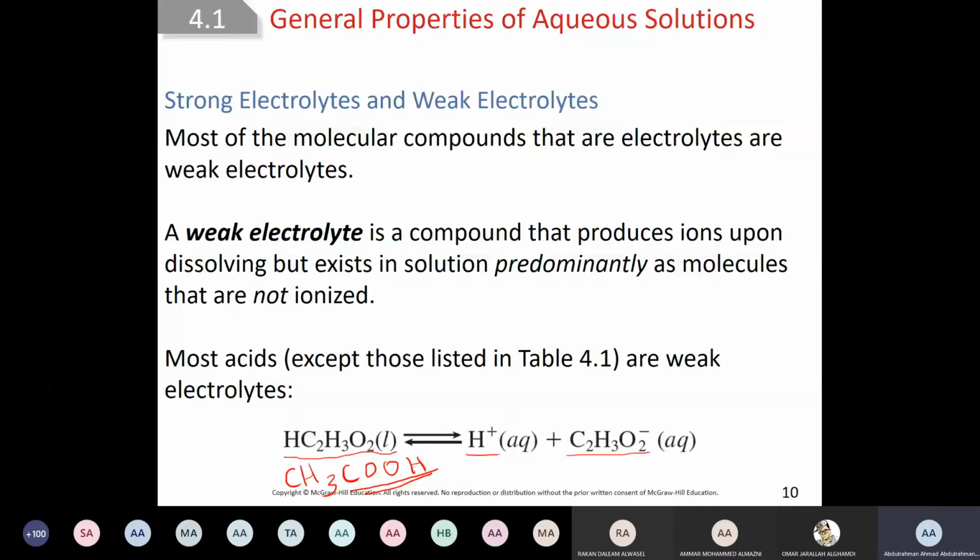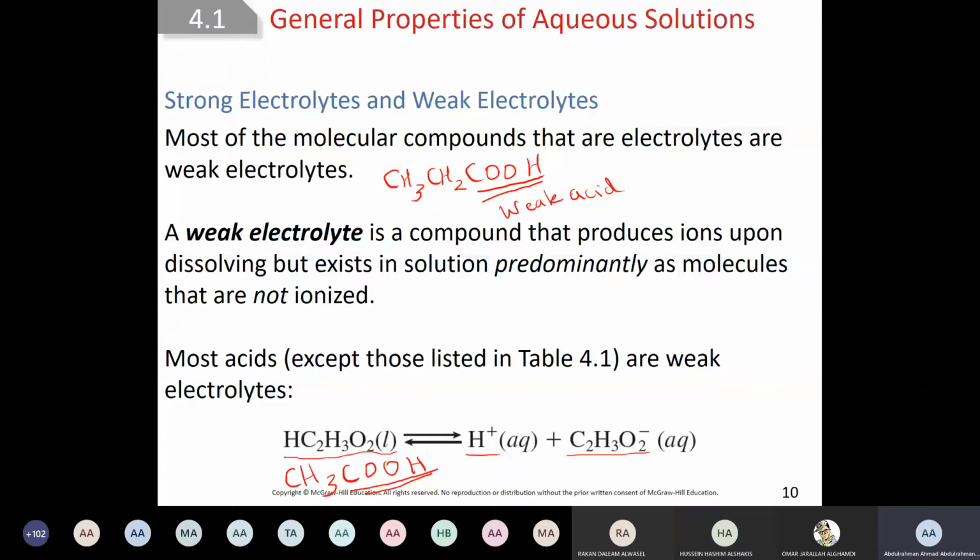For example, if I say CH3CH2COOH, you don't have to know what this acid is, but once you see this group, what does that mean? Weak acid. Weak electrolyte. This is propionic acid. For your information, you don't have to know it.